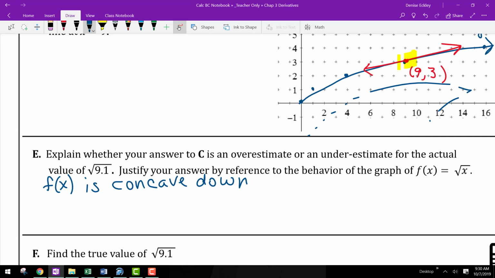So that means the estimate has to be above it. Our tangent line is on the outside. So the estimate is an over approximation.